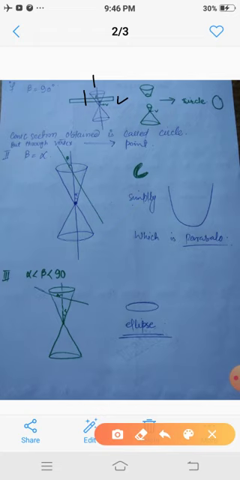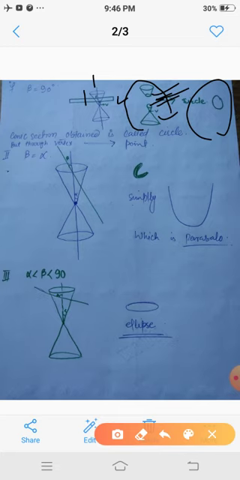On intersecting, it cuts the cone into two parts, this part and this part. The intersecting portion is the conic section, and it is the circle. So a circle is the conic section obtained when the plane intersects the right circular cone at an angle of 90°.